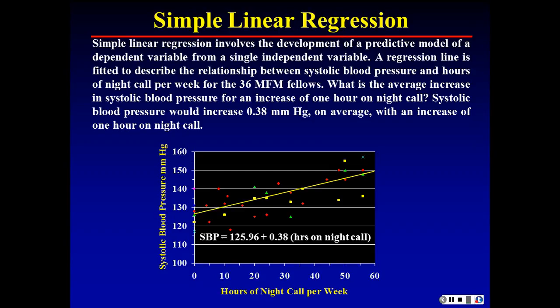If you had 0 night call, the fellows start with a baseline systolic blood pressure of about 126, and if they actually had 50 hours of night call, based on this data, they would have on average a systolic blood pressure of 146, approximately. Did everybody follow that?